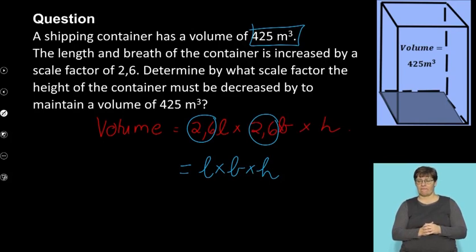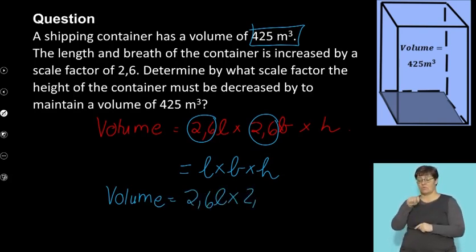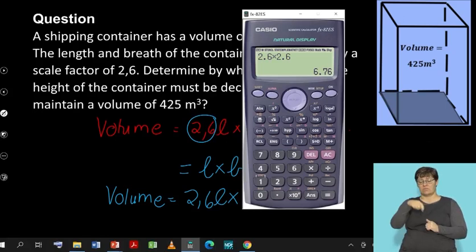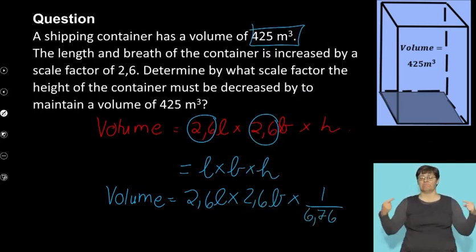So for my new volume, it's going to have to be 2,6 times my length times 2,6 times my breadth, and then my height is going to have to be 1 over 6,76. Because then we will return to our original length times breadth times height.